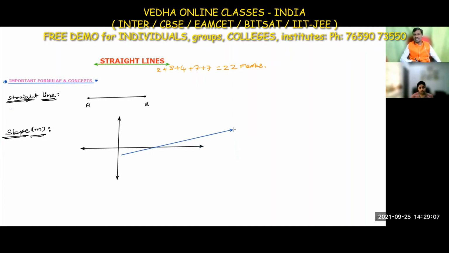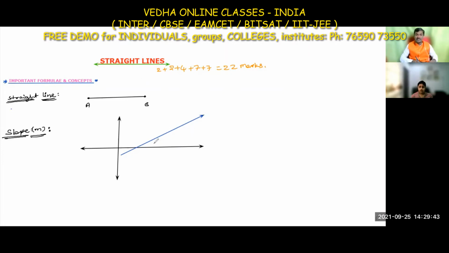If it slants like this, how much angle it is bending, that means I am increasing the theta here. Observe carefully, I am increasing the theta, that is nothing but the slope is increasing. If it is perpendicular to x-axis or parallel to y-axis, the slope is not defined, infinite.